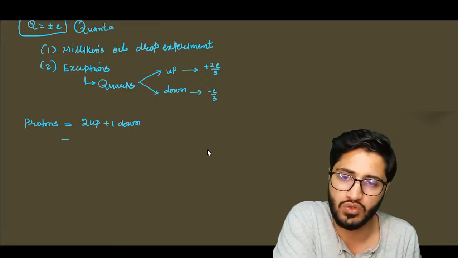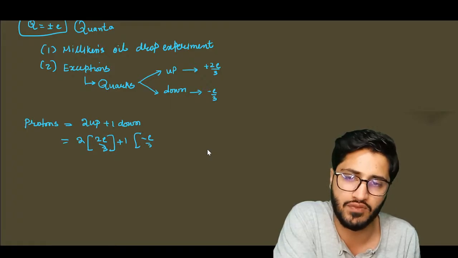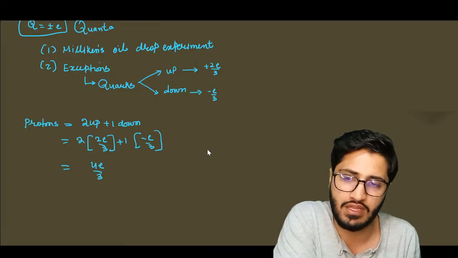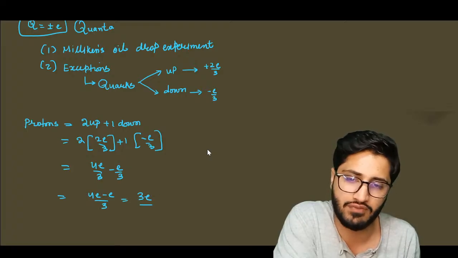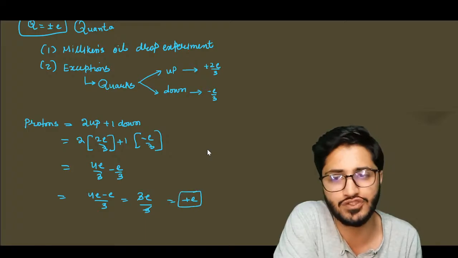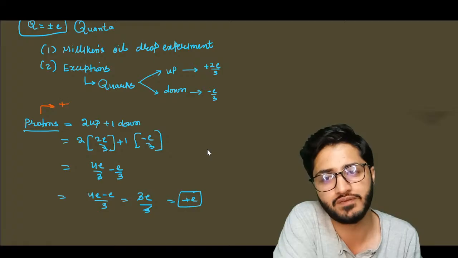So 2 times 2e by 3 plus 1 times minus e by 3 gives 4e by 3 minus e by 3, which is 3e by 3, so we get plus e. We know that the charge of a proton is plus e only, so we confirm it.